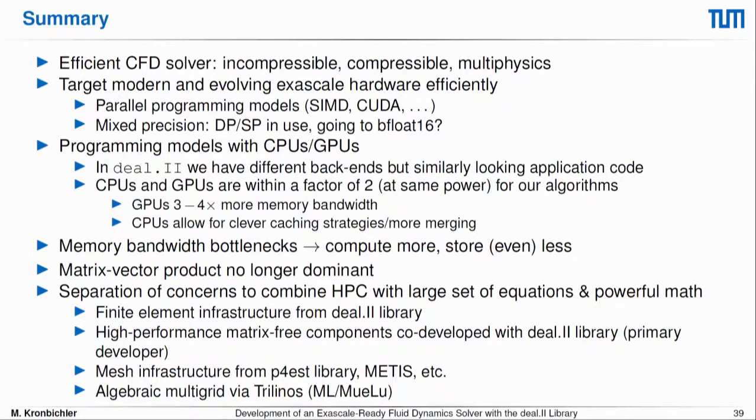We do mixed precision, meaning double and single precision. We will need to invest in half precision in the future because that's where many hardware architectures are improving more, and we need algorithms for doing that. We need programming models, so we have different backends, as I said, but we make the code look similar so you can replace one by the other pretty easily. And the main thing is that it's memory bottlenecks that we're seeing most of the time, so that's what I mostly work on eliminating. Thank you very much.